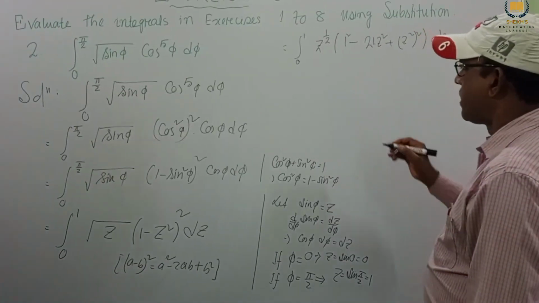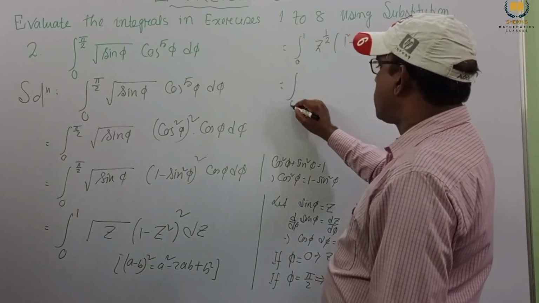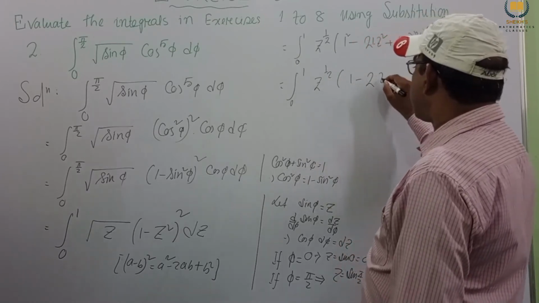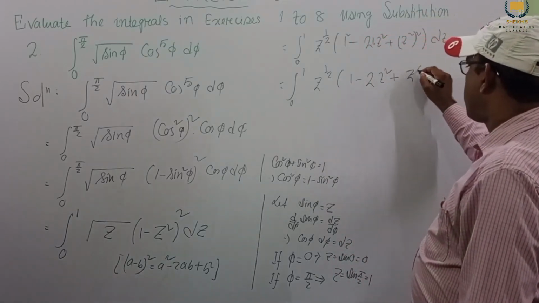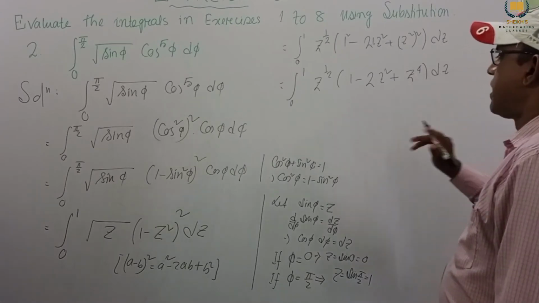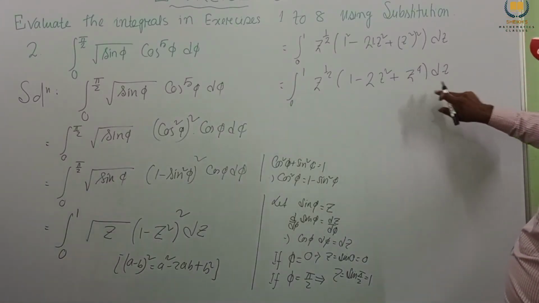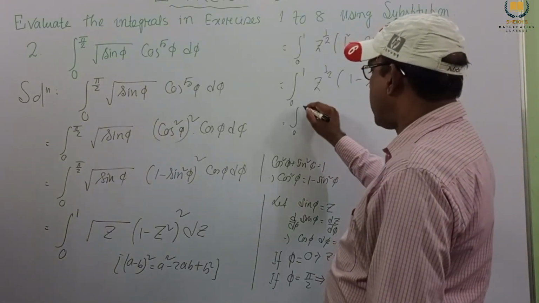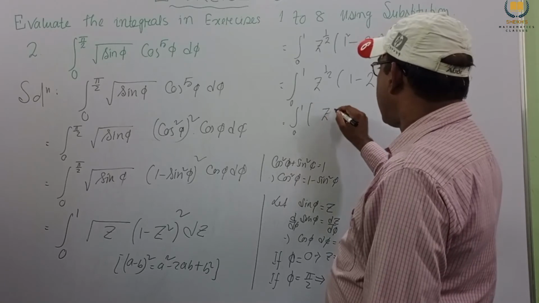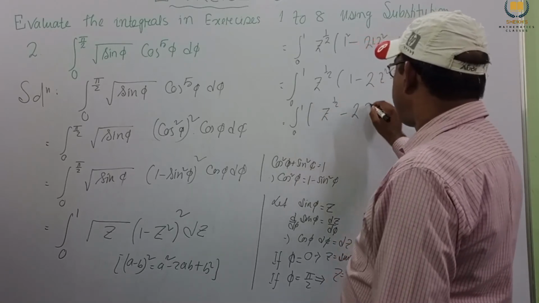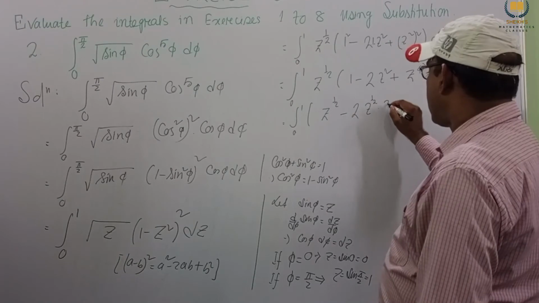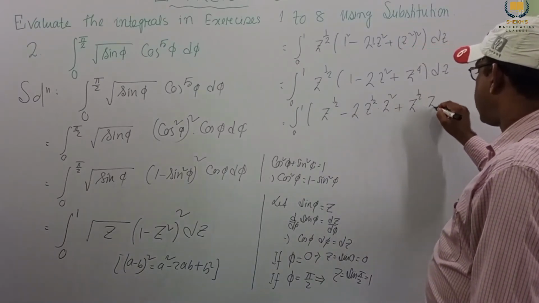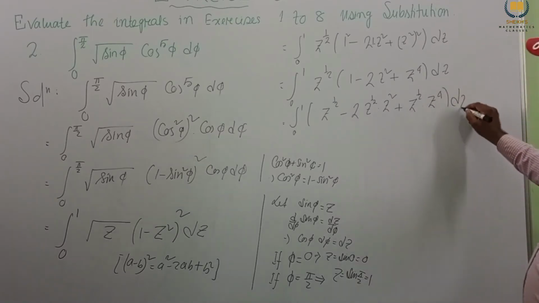We get this one, and this equals 0 to 1 z to the power half (1 minus 2z square plus z to the power 4) dz, and we multiply all the terms by z to the power half. This is 0 to 1, z to the power half, minus 2 z to the power half into z square, plus z to the power half into z to the power 4 dz. We get this.